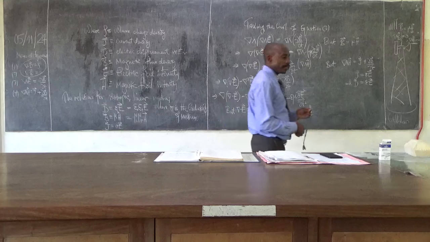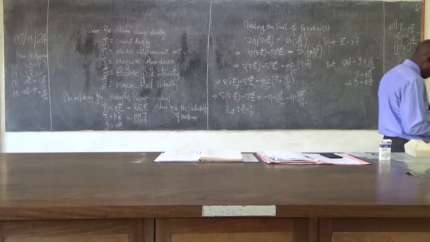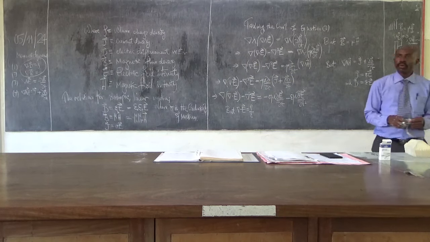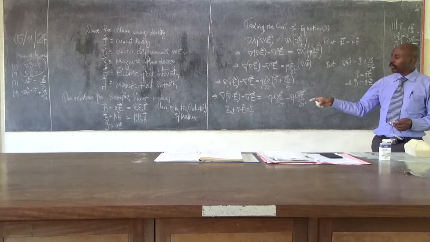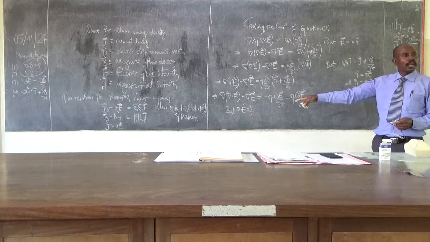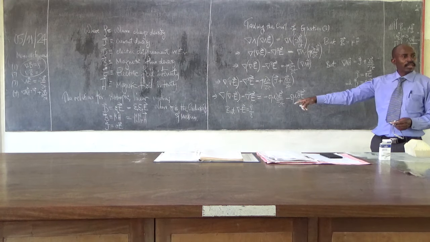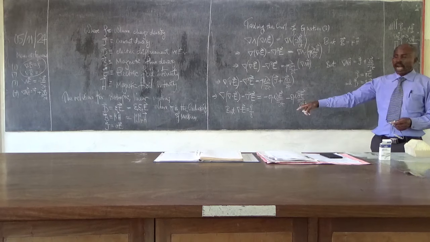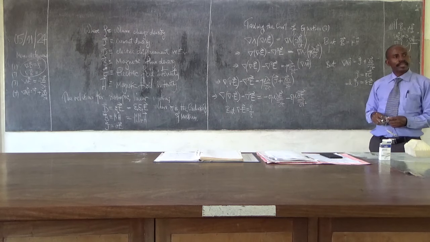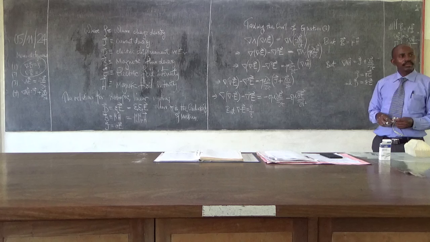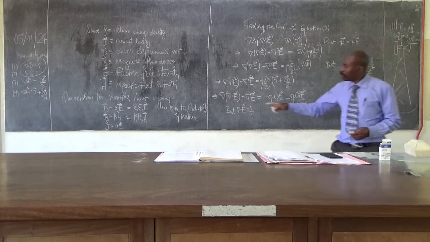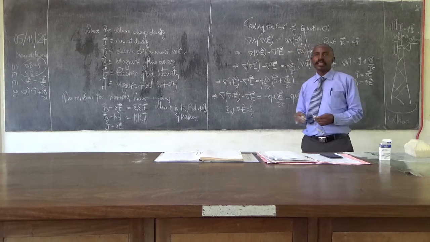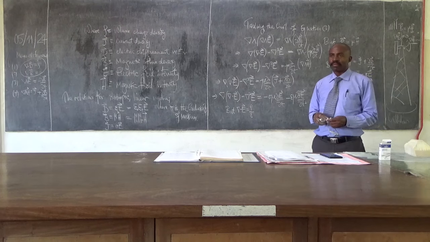If that is the case, and of course epsilon is a constant, okay? Yes. And we don't expect the charge density to be varying with x, y, and z to be worked on by this gradient operator.